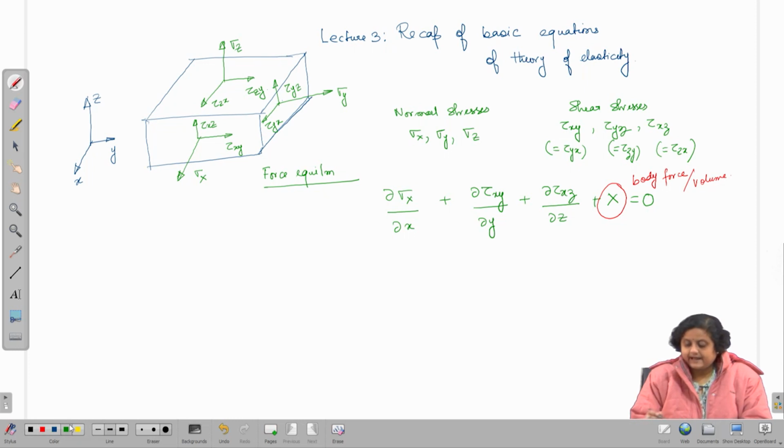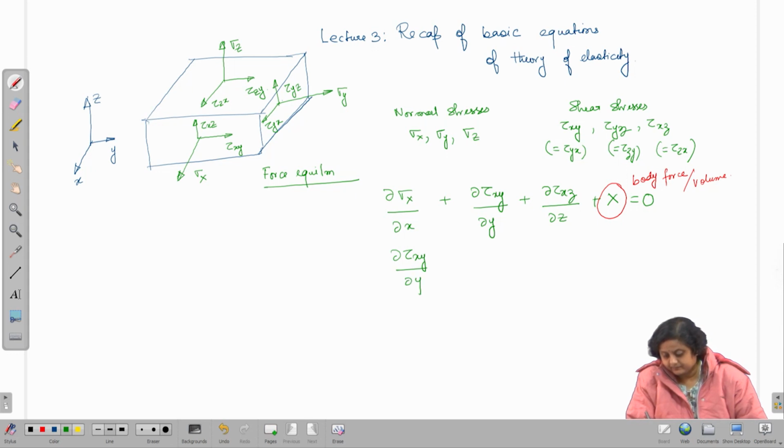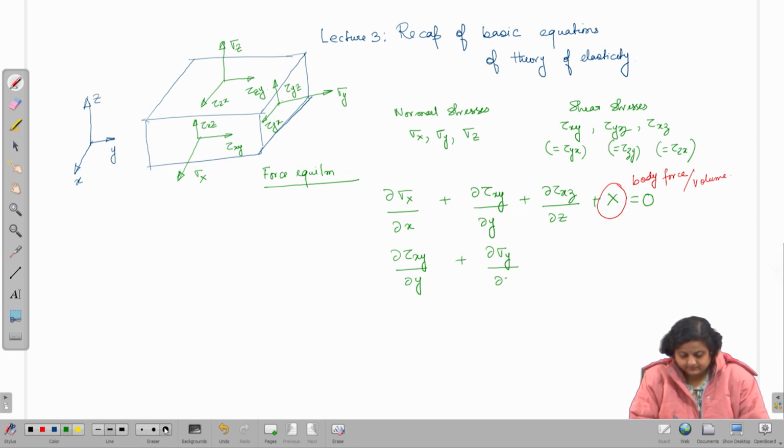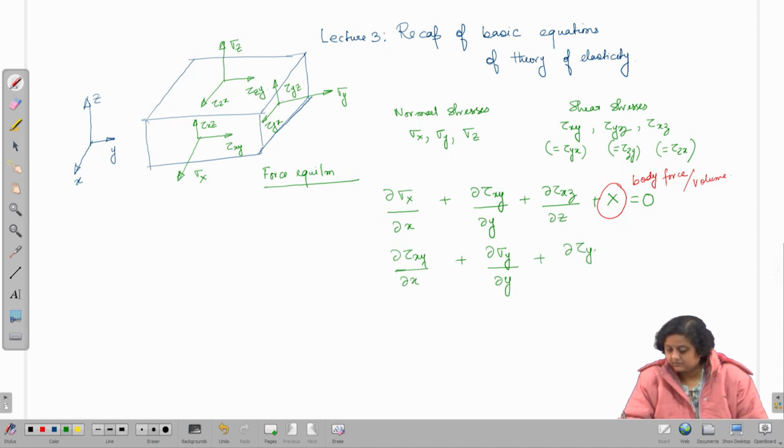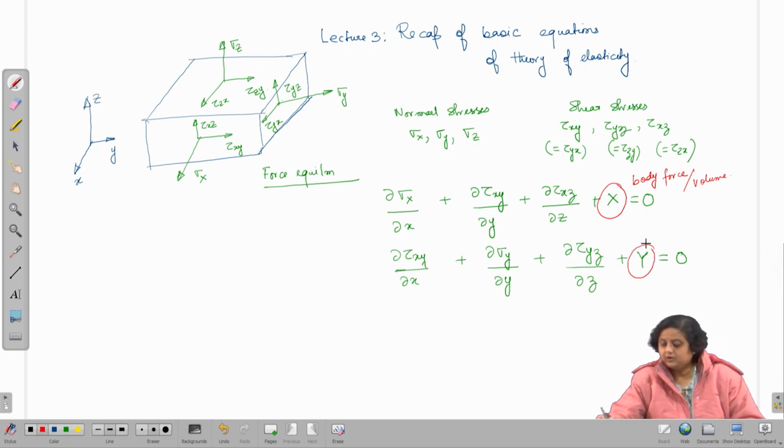Then similarly, I have 2 more equations. Similarly, Y is the body force per unit volume in y direction.